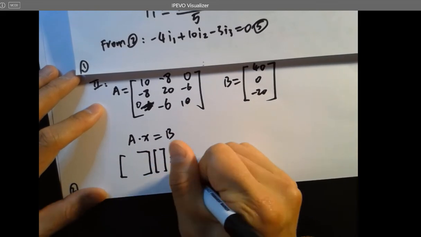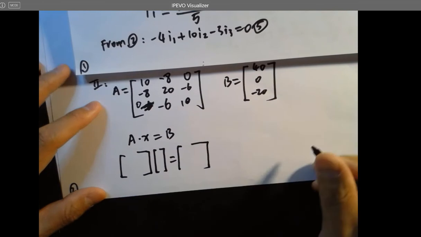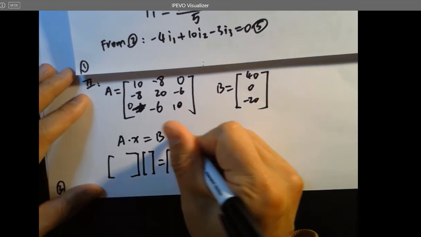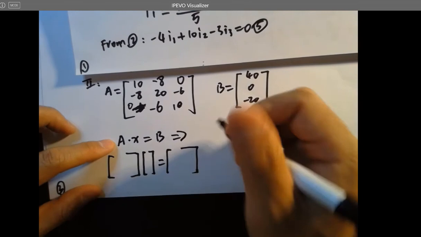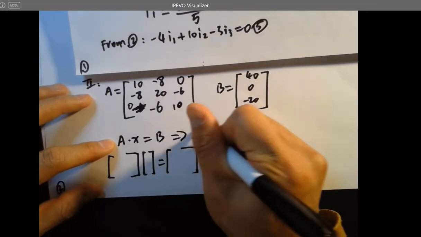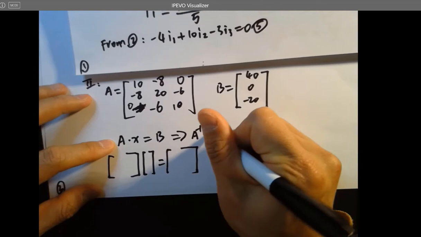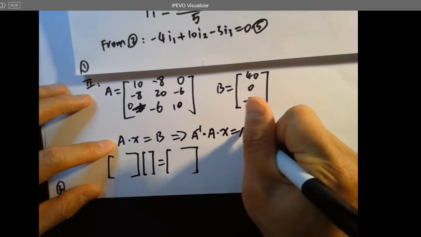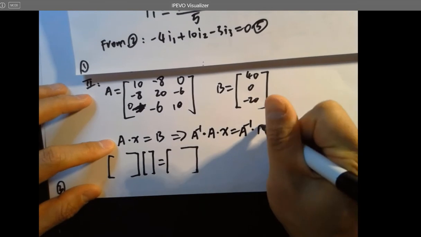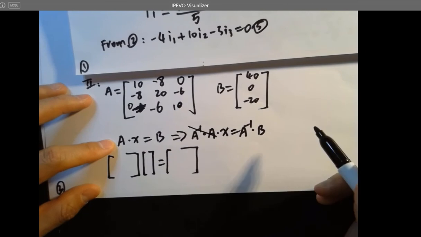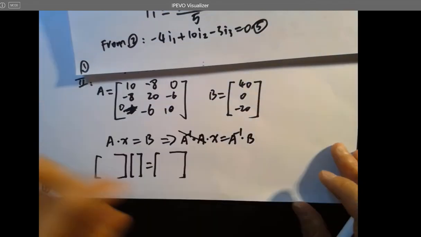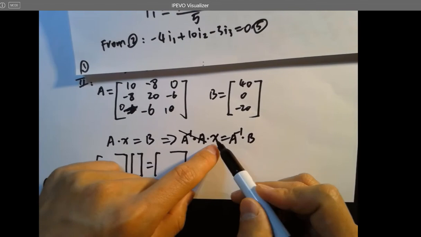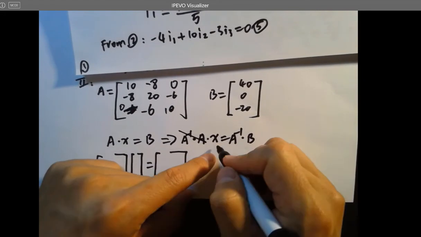What you can do is multiply the inverse matrix of A on both sides of the equation. So you are getting A inverse times A times X equals A inverse times B. And this can be canceled. This is going to be the identity matrix, and times X is still X. So now you get X equals this.